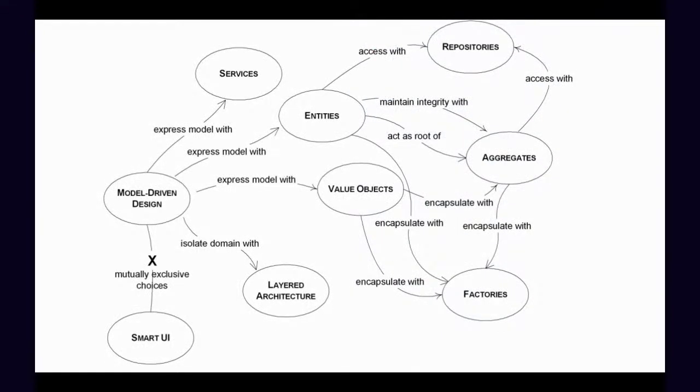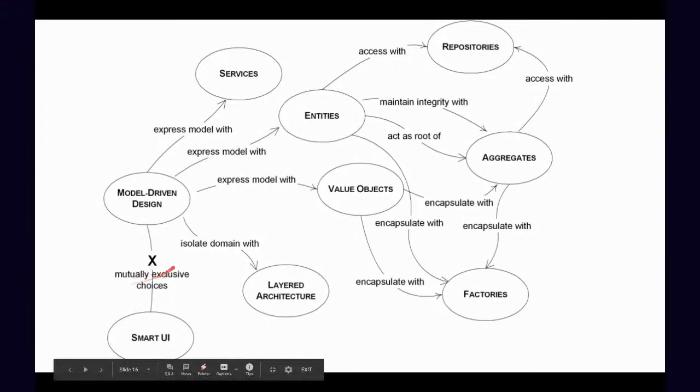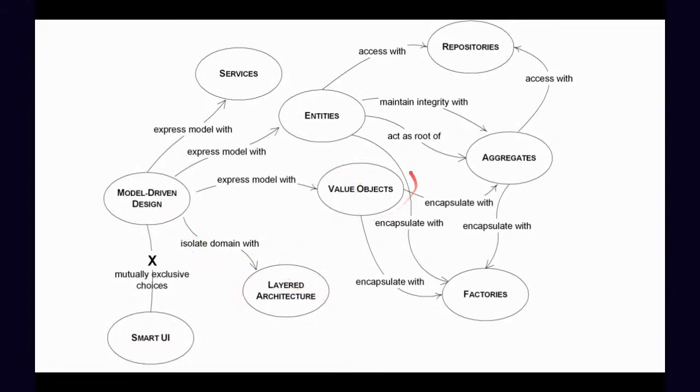This is an example I got from the Domain Driven Design Quickly book. It shows how we should communicate within the domain, and it's really self-explicit. As you can see, the smart UI is wrong. The domain is not responsible for the smart UI, but isolating the domain with layered architecture is more important than how object value is expressed.